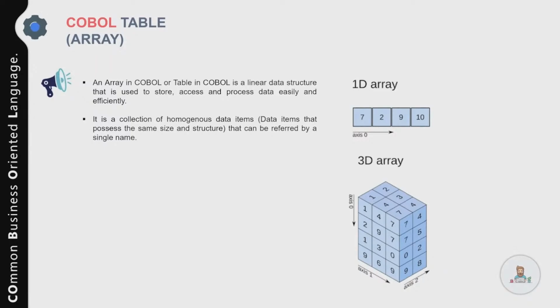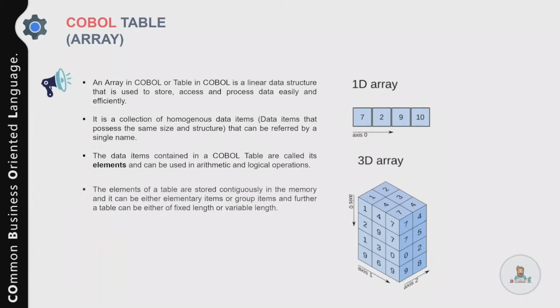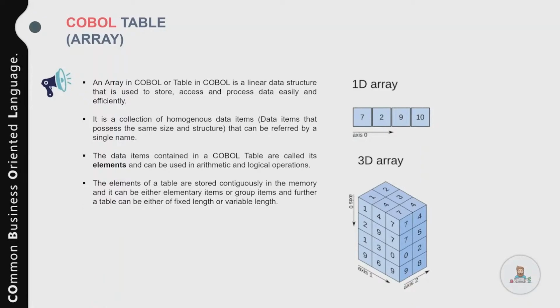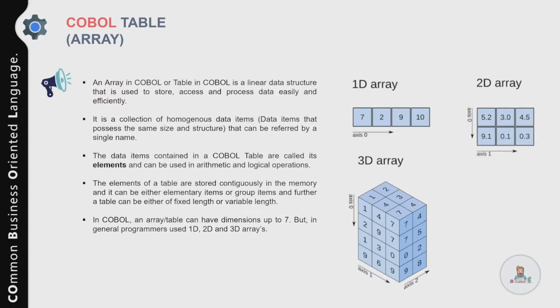So by definition, an array or table in COBOL is a linear data structure that is used to store, access, and process data easily and efficiently. It is a collection of homogeneous data that can be referred to by a single name. The data items contained in a COBOL table are called its elements and can be used in arithmetic and logical operations.